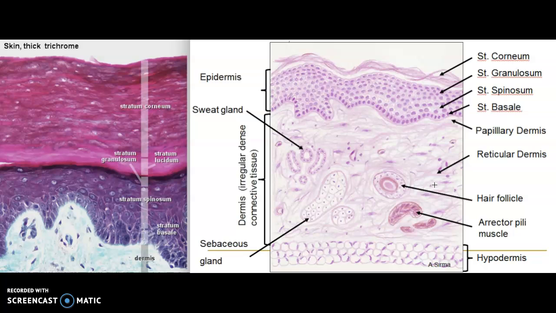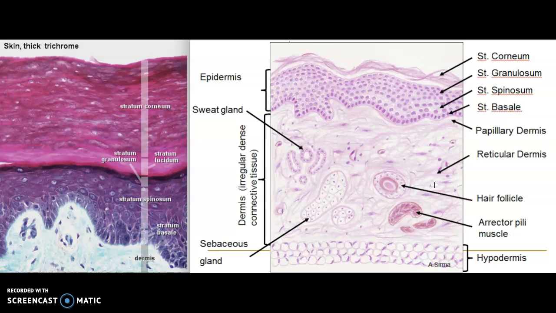And then the function is that the dermal papillae, which are found on our hands and our feet, basically form ridges, which is very helpful in our fingerprints.